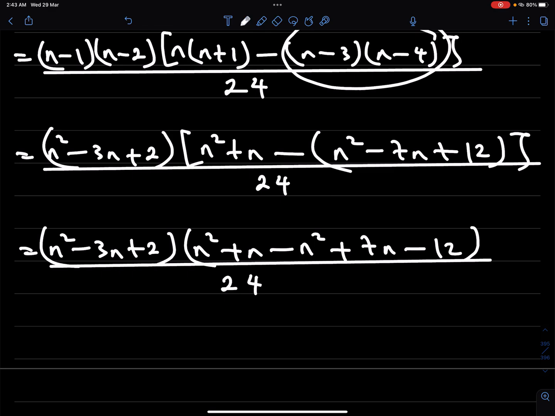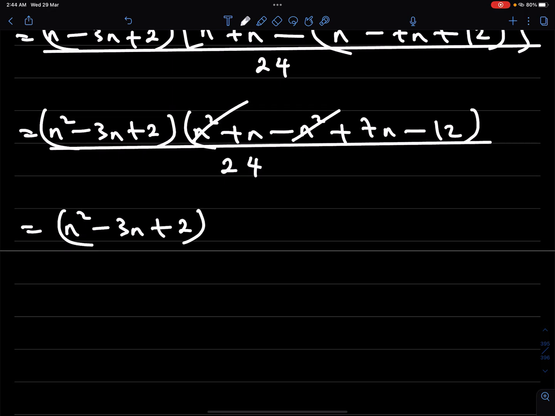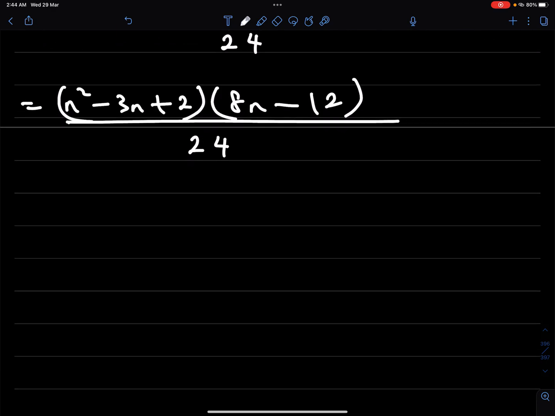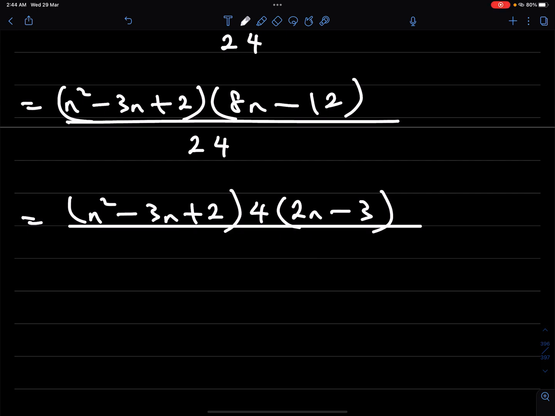And now I can see that n squared minus n squared is 0, and then I'm going to have n squared minus 3n plus 2 times n plus 7n is 8n minus 12, over 24, which simply means n squared minus 3n plus 2. 4 is common to 8n and minus 12, so I'm going to bring it out, times 4 times 2n minus 3, all over 24.